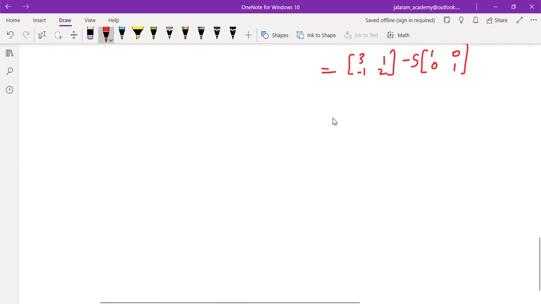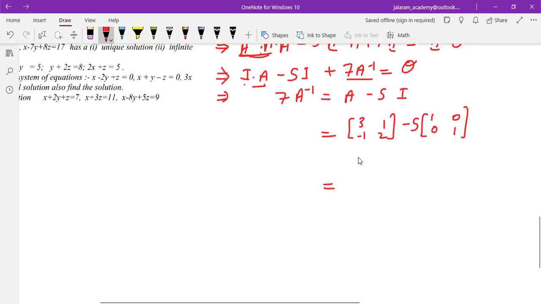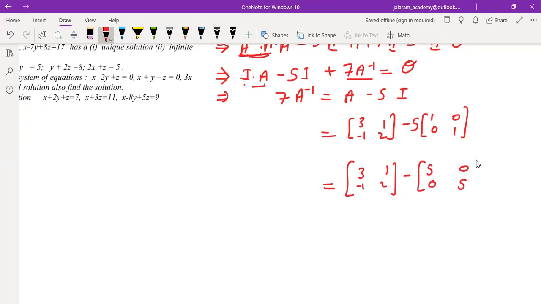Equals to 3, 1, minus 1, 2, minus 5, 0, 0, 5 equals to 3 minus 5, 1 minus 0, minus 1 minus 0, 2 minus 5 equals to minus 2, 1, minus 1, minus 3.